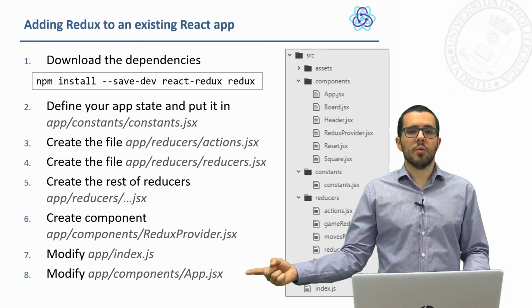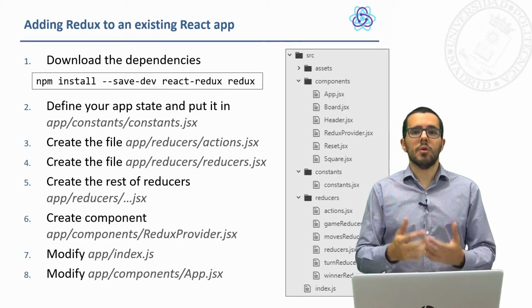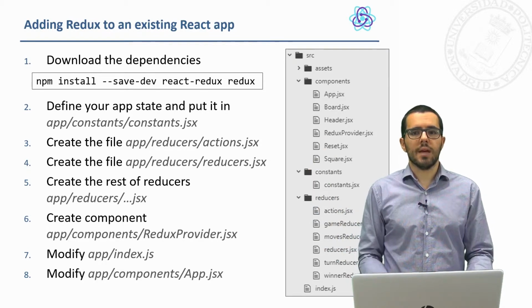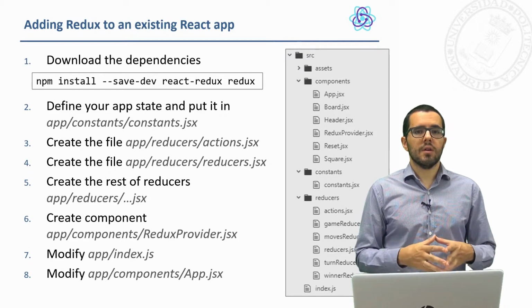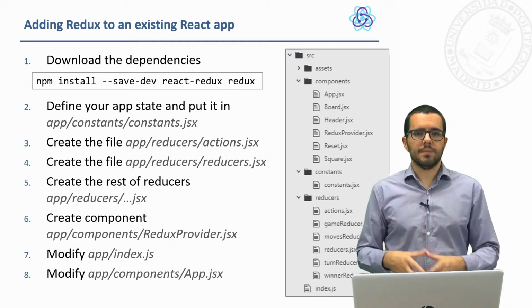And finally, we will have to modify our app to dispatch the new actions instead of modifying directly the state. This way, we are going to integrate everything, and we will have our application with Redux together with React.